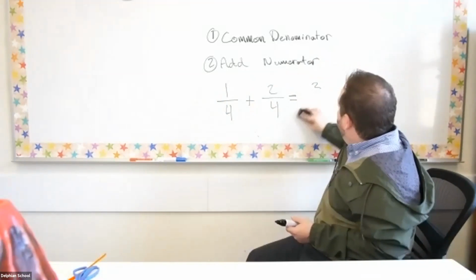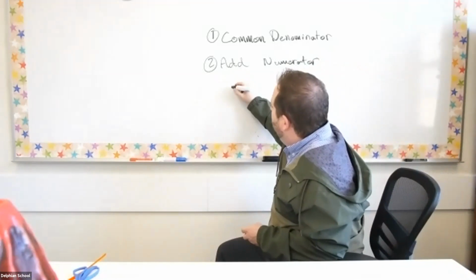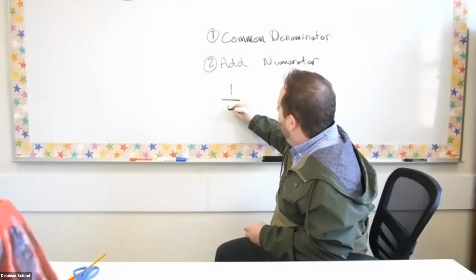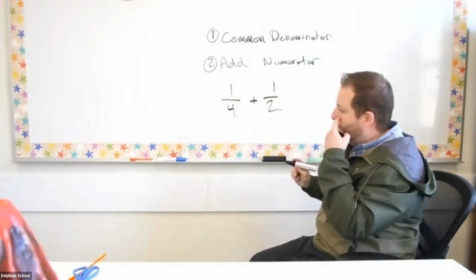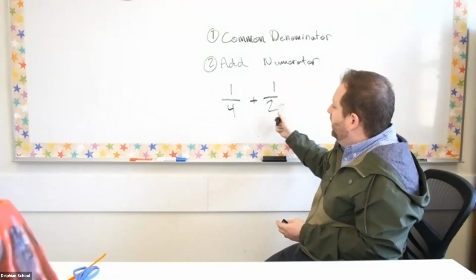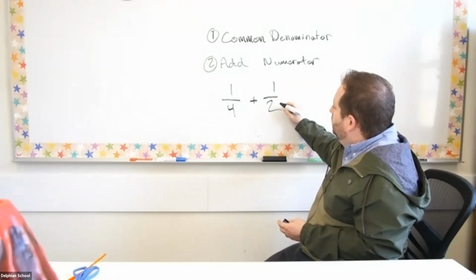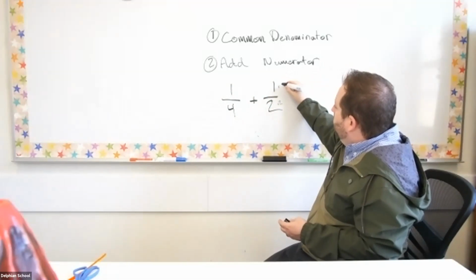I'll do one where we have to find the common denominator. So let's say I have 1/4 plus 1/2. Well, I can't really reduce this fraction, so I'm going to have to fatten this one. So I'm going to make this 2 times 2, 1 times 2.